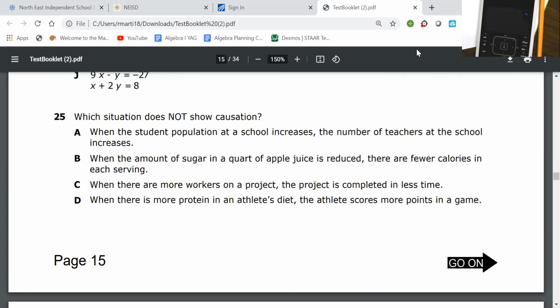And you may have heard the story about cigarette smoking years ago. There was a big fight for many years. Does cigarette smoking cause cancer? Well, there was a correlation. In other words, the more cigarettes people smoked, the more likely it was for them to get cancer. And the tobacco companies fought it for years and years, but eventually there was so much evidence that they said, cigarette smoking does cause cancer.